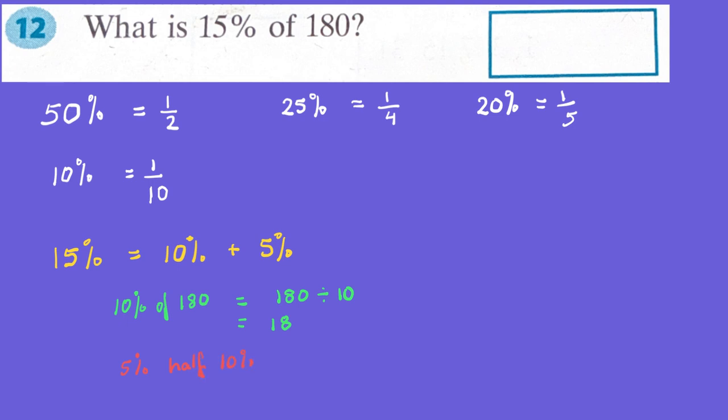So that means it would be equal to 18 divided by 2, which is equal to 9. Now if I add these two numbers together, 18 plus 9, that will give me 27, which is 15%. So 27 is the answer that we require to write up in here.